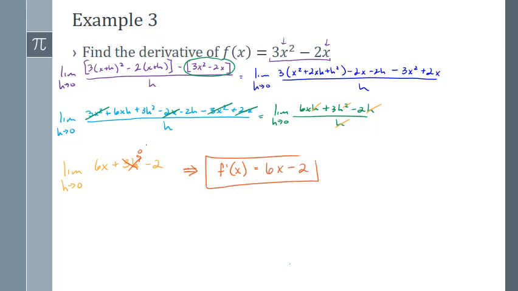And that is the equation for the slope of the tangent line at any point on that function. If I want to know the slope at positive 4, I could plug 4 into this equation. If I wanted the slope at negative 1/2, I could plug negative 1/2 into 6x minus 2, and it would give me the slope of the tangent line at any point.